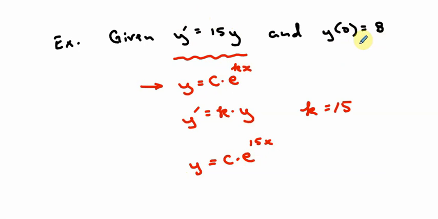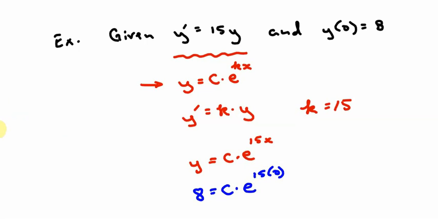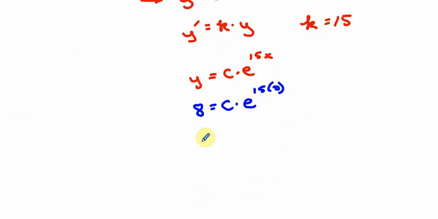Now I'm going to use this other information and plug in when x is 0, the function has to equal 8, to narrow down what c is. If we put in a 0 for x, we have c times e to the 0, and anything to the 0 is 1.